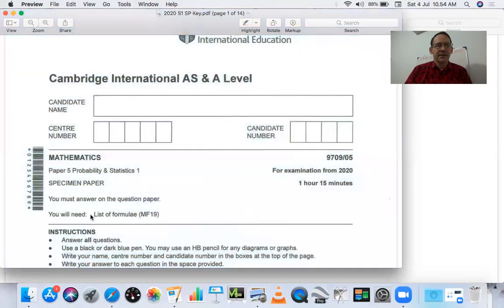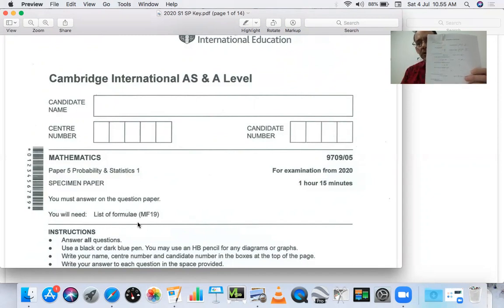See the list of formulae here. The new formula sheet is MF19, so you should have a separate formula sheet for that. If you're looking here, it says at the top, probability and statistics, and this is your paper for that, although it also includes probability and statistics 2 as well.